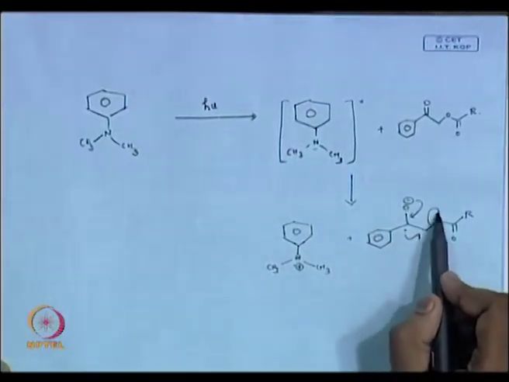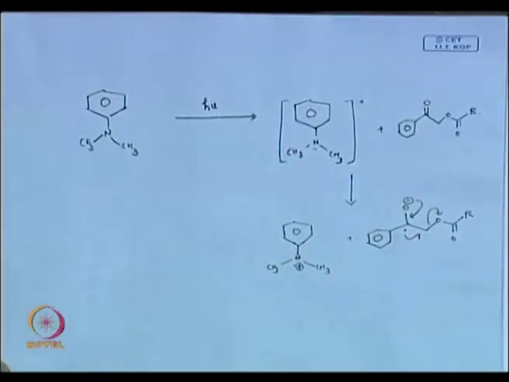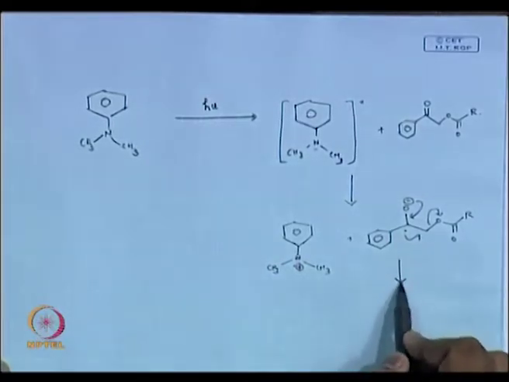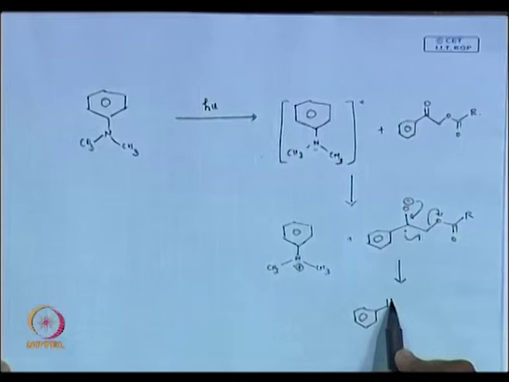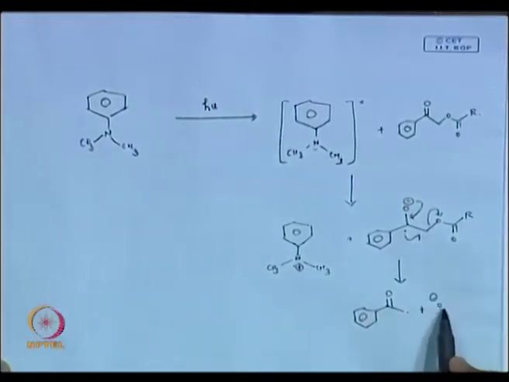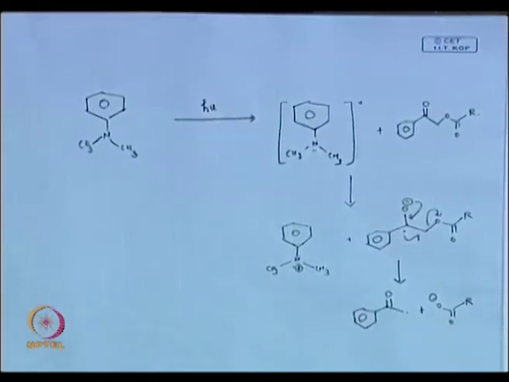Then I can push this up. Fine. So you get an O minus, yeah, that will be abstracting a hydrogen from the solvent or from the system to give me the amino acid back.